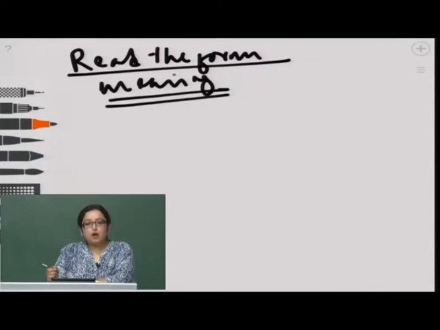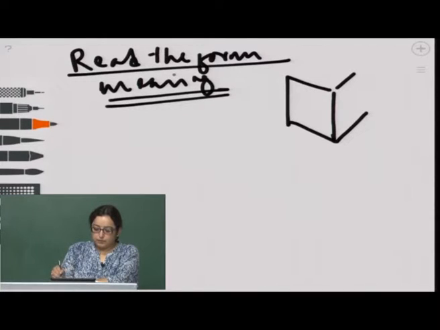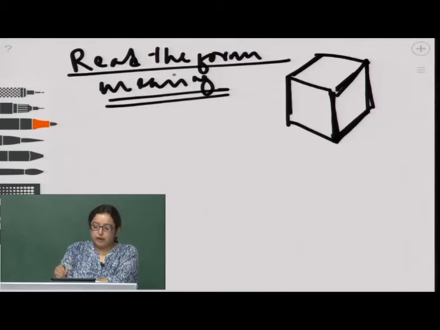Now, let us see how we associate forms, how we create analogy. Like a cuboid, if we create a cuboid, it will remind us of many other forms.